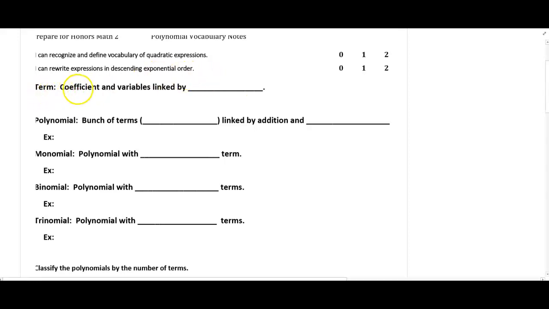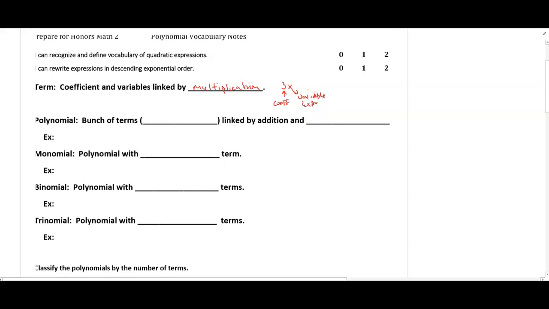A term is basically a coefficient and variables linked by multiplication. And with that, I look at it and I'll say 3x is a term, right? And the coefficient of that term is 3. The variable expression of this term is x, okay?